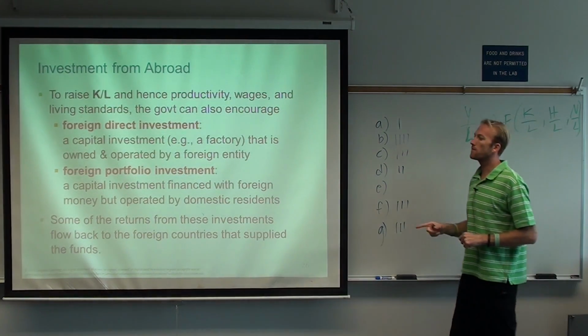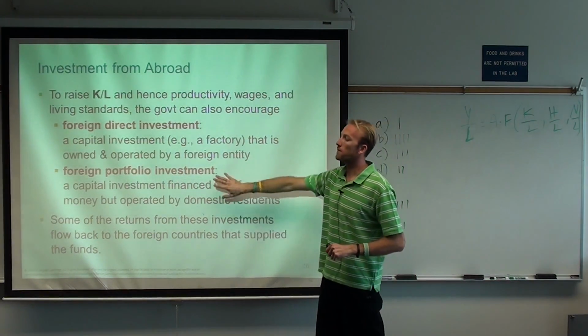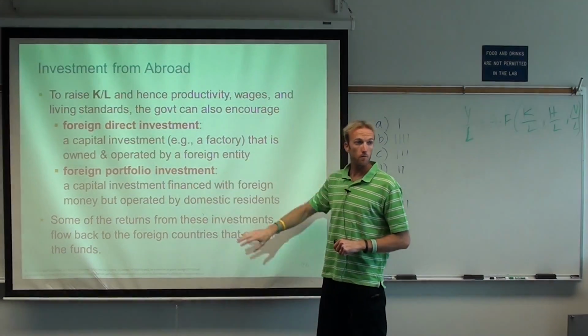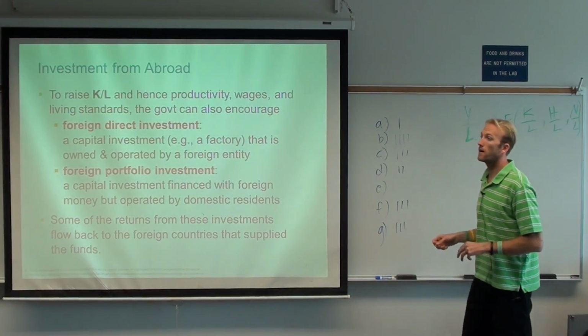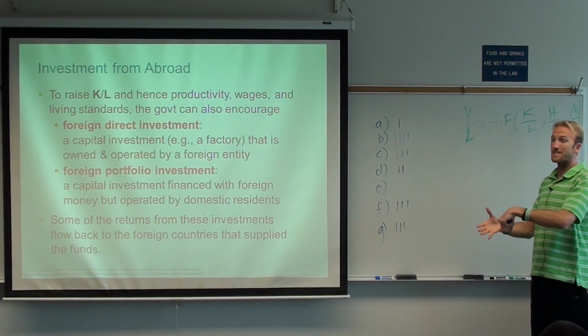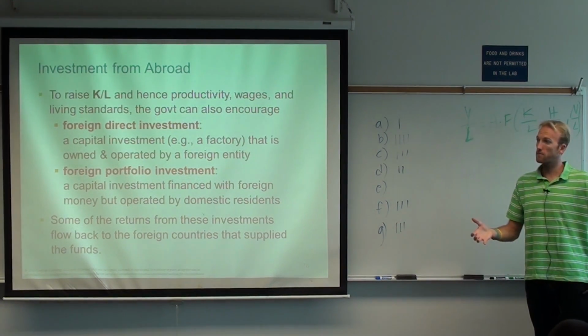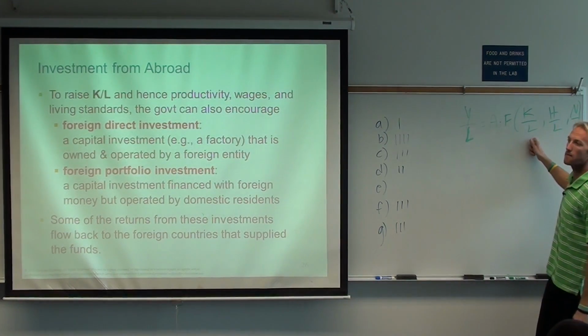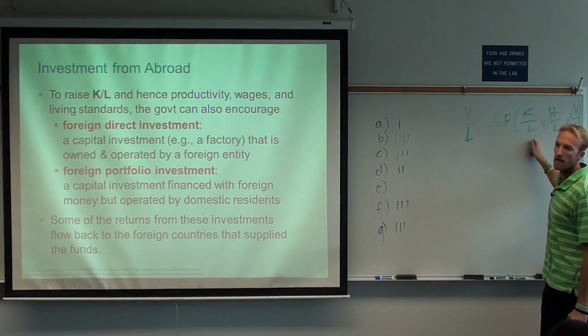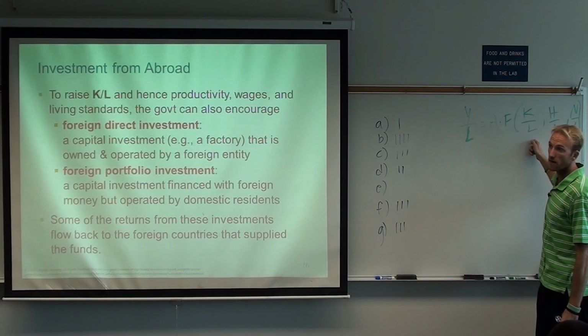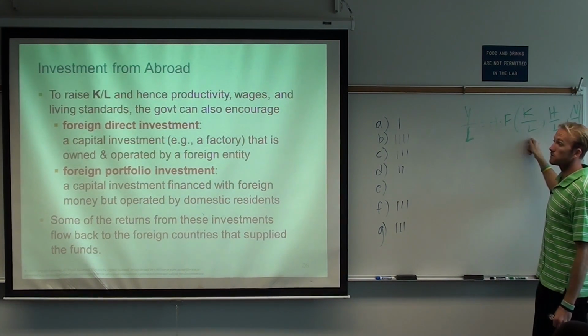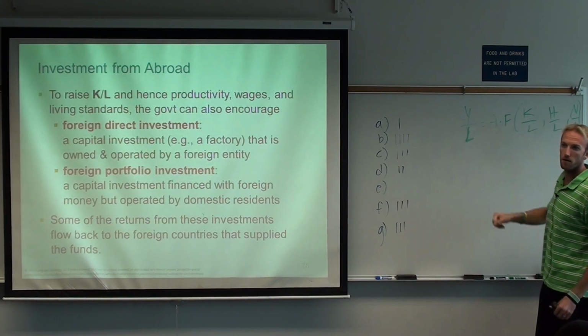Now it's true that some of the returns from foreign firms, some of the money and the increases in output, go back to the country that provided the money, but plenty of the gains have to do with workers that have more access to capital and are able to use more capital, and therefore have higher productivity.